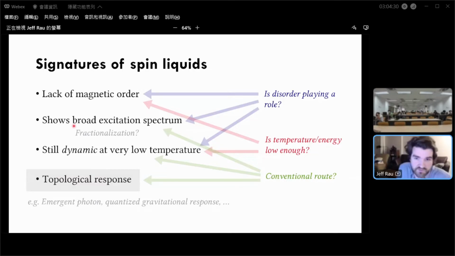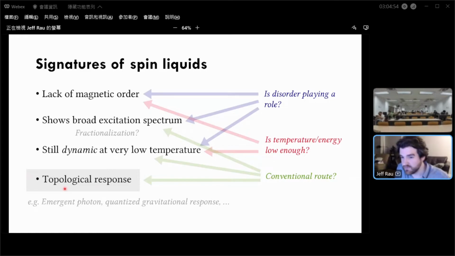And we've been interpreting low temperature dynamics, these low energy features like this photon, as being indicative of a spin liquid state. And one we haven't talked about would be something like a topological response, something coming from these topological sectors, or related to the topology of these fractionalized excitations, that could tell us something about the spin liquid state itself.